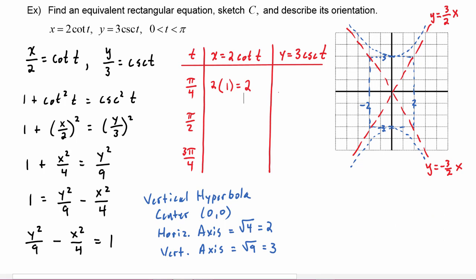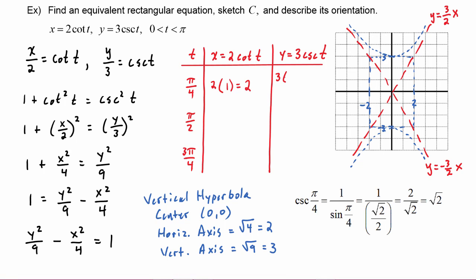The y value is going to be 3 times the cosecant of pi over 4. Now we know that the sine of pi over 4 is radical 2 over 2. And if we take the reciprocal of radical 2 over 2, we get radical 2.